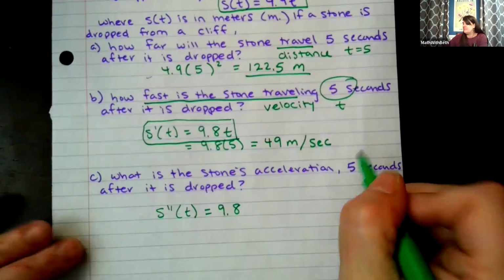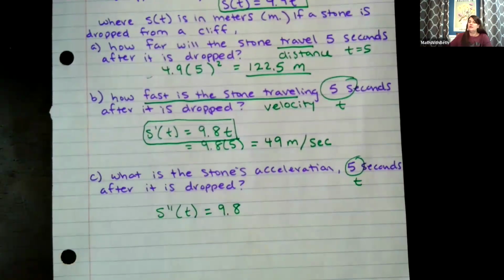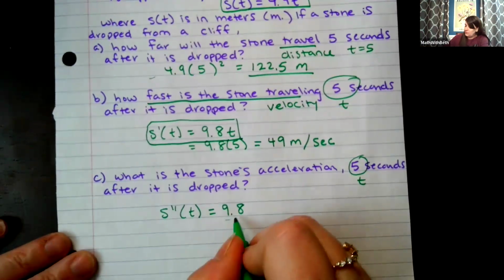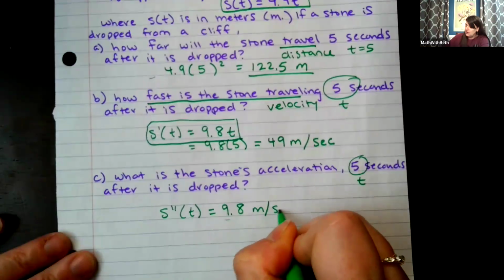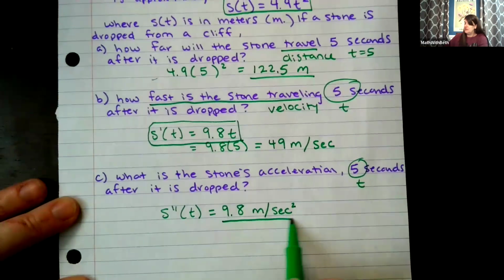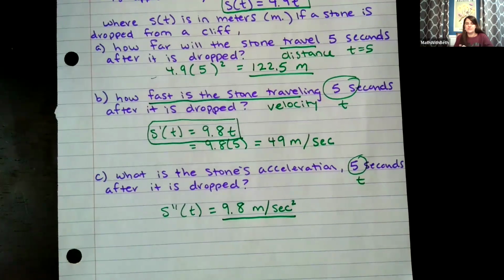So that means it doesn't matter what my t is. No matter what t is, it's going to be 9.8. So for acceleration, the type of units would be meters per seconds squared. So apparently the acceleration is constant. So it wouldn't have mattered if they asked me for 8 seconds, 12 seconds, whatever. It would still be 9.8 meters per second squared.